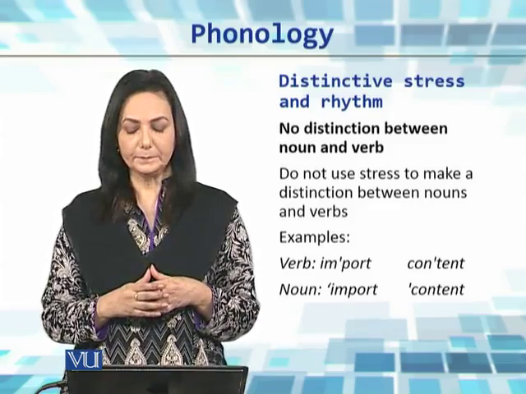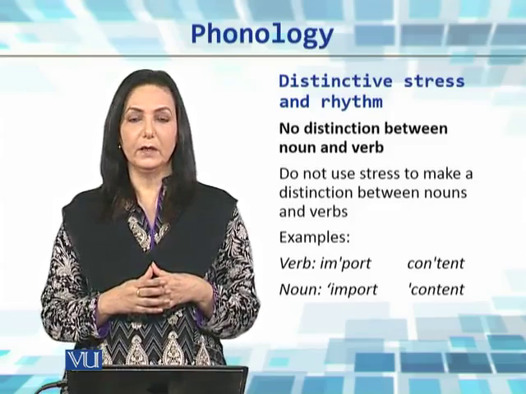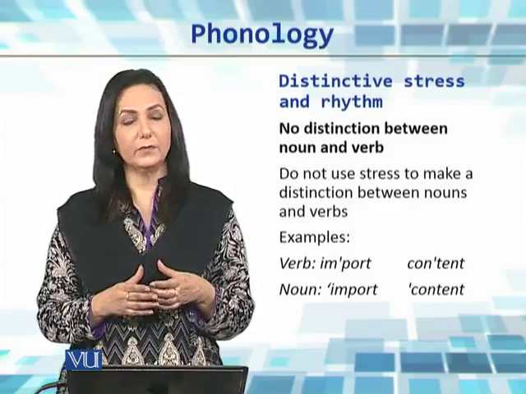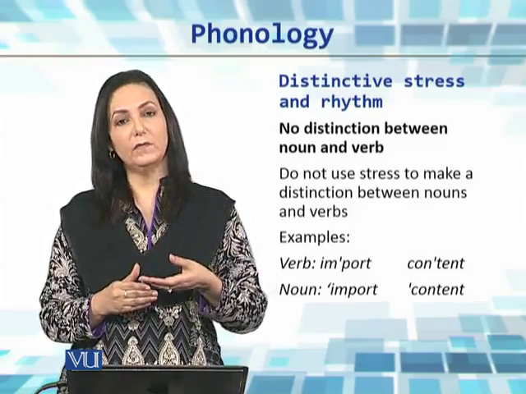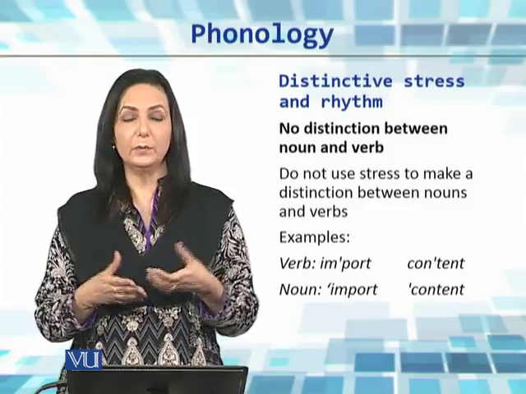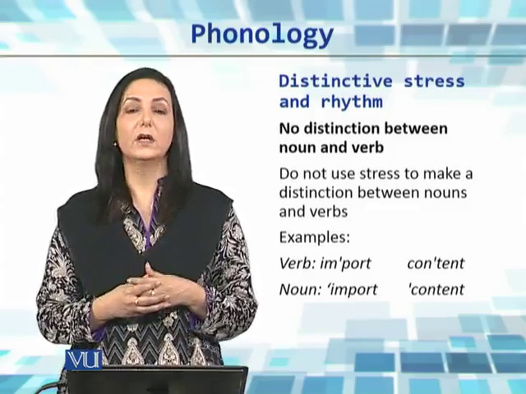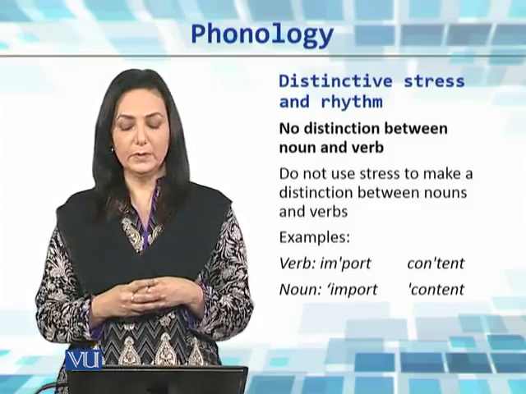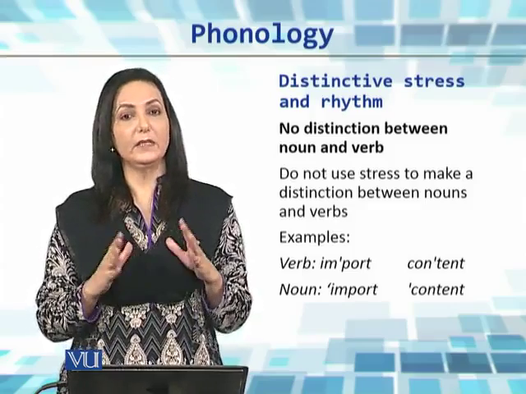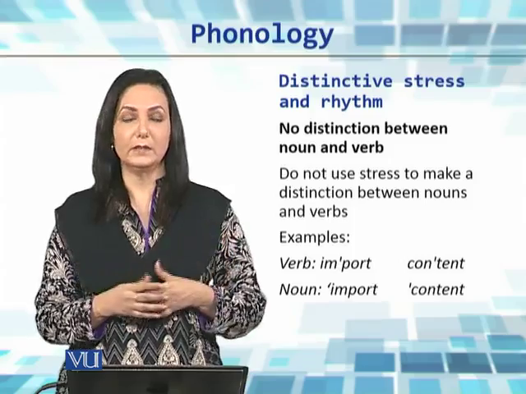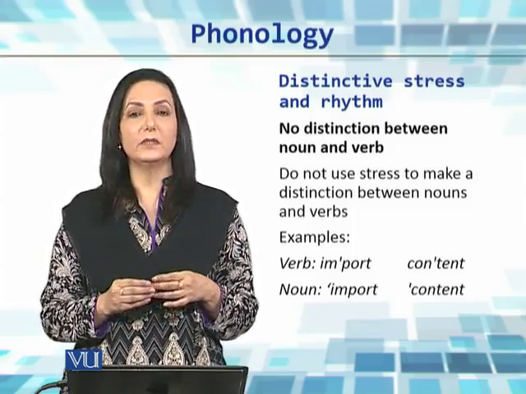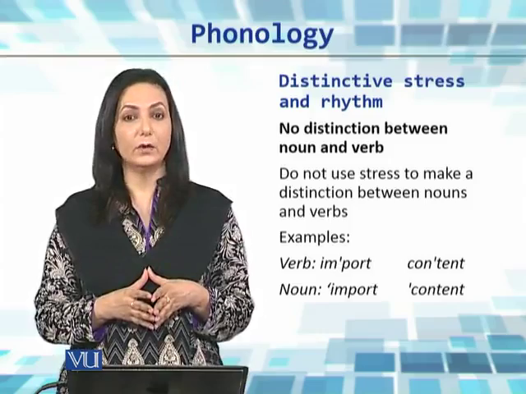Similarly, the word content, for example, you have the contents of a book, content page for a book, etc. And then we have the word content, which means satisfaction. So when you are using the word as a verb, I'm content with my circumstances, you will use the pronunciation as content, not content.